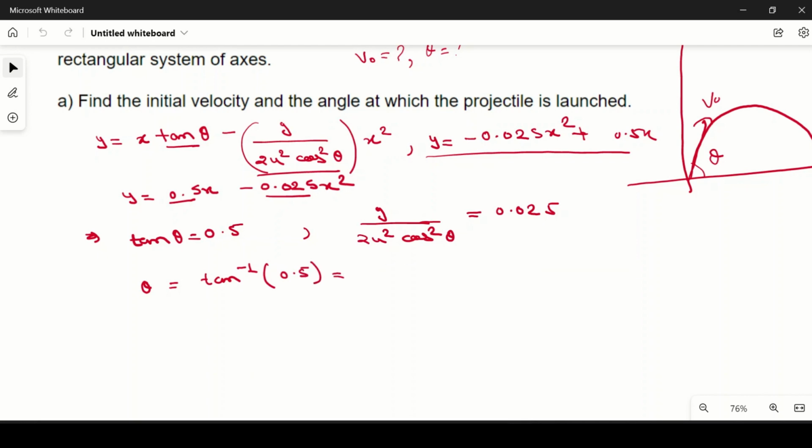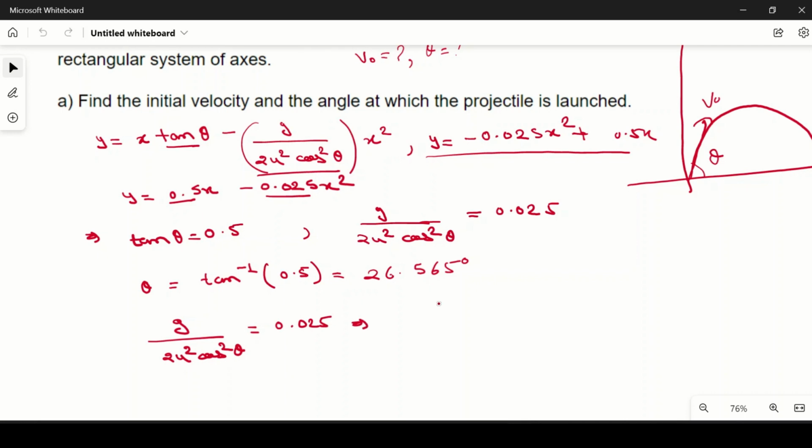Tan theta is 0.5, so theta is equal to tan inverse 0.5, which will be equal to 26.565 degree.